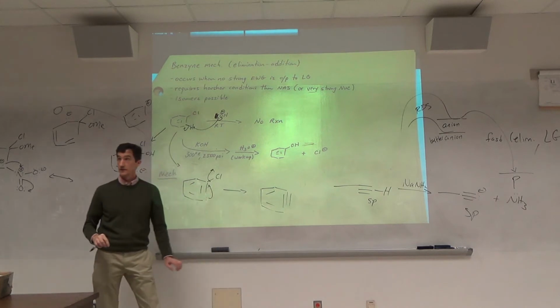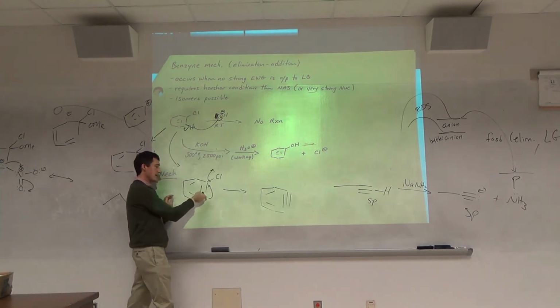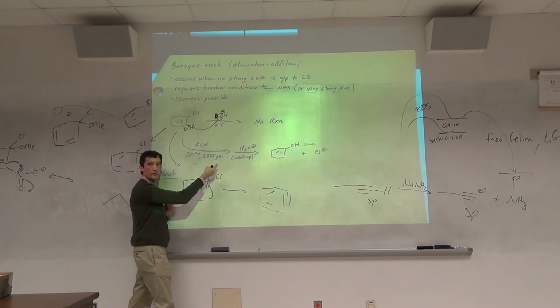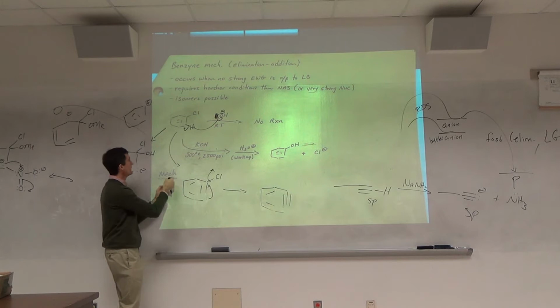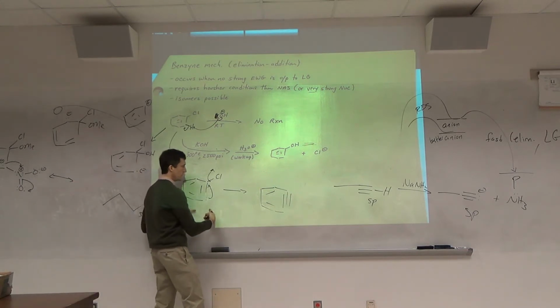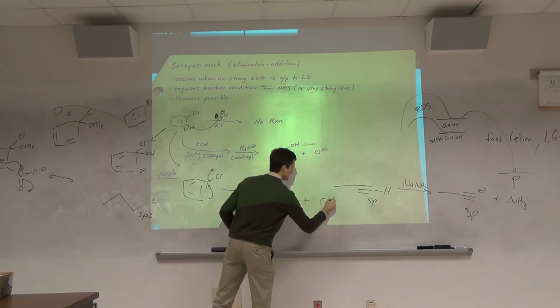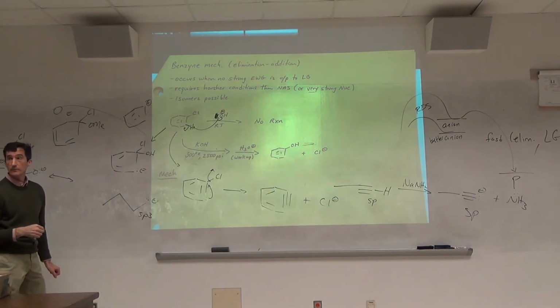Triple bond. It's almost like any time you can make a pi bond and kick off a leaving group, that's easy to do. Well, it ain't easy in this case, but again, we're forcing it to do something. At this point, we go from 1 molecule to at least 2 species. So that's driven a little bit by entropy.